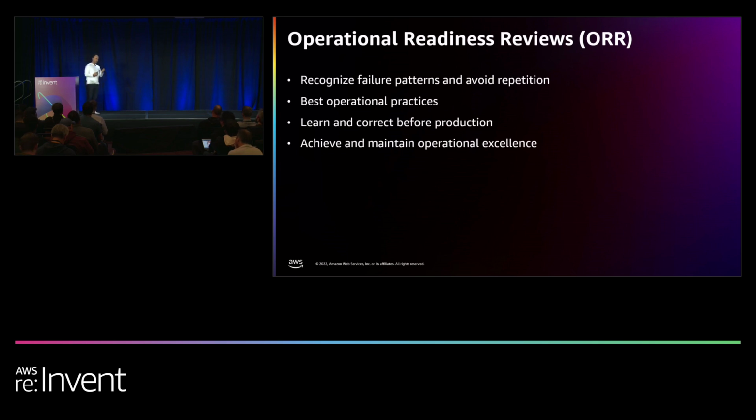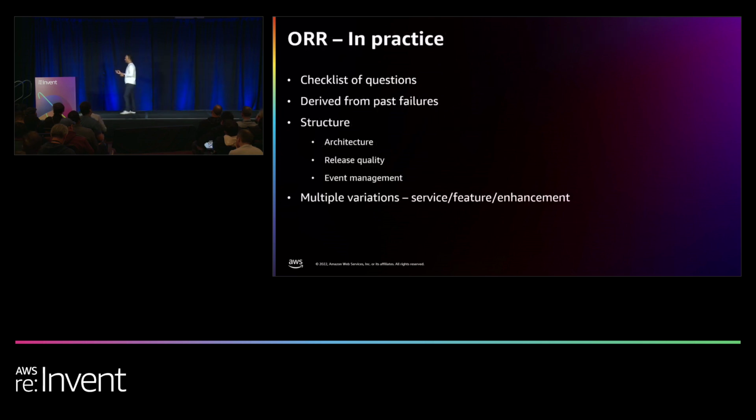It makes them think hard about what their weaknesses are in terms of how they're operating their service, and fix them before their service gets into production, right? It's a cornerstone of our operational excellence. In practice, it looks like a checklist of questions. It'll even point to the past incidents that have happened because of a particular issue, so that the teams can evaluate whether this incident applies to them.